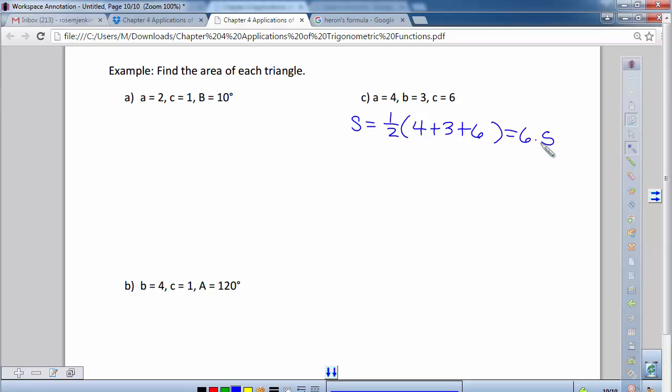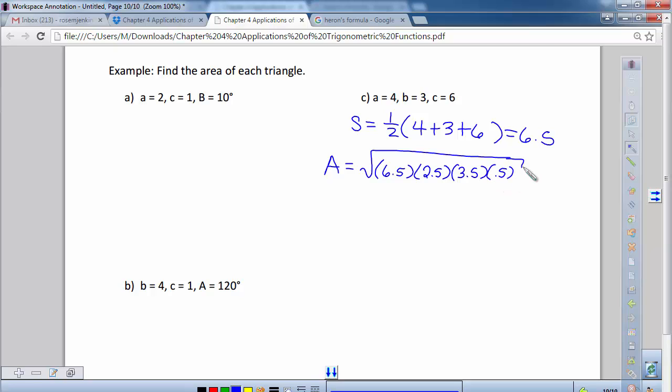Now I can find the area by looking at the square root of 6.5 times 6.5 minus 4, which is 2.5, 6.5 minus 3 is 3.5, and 6.5 minus 6 is 0.5.